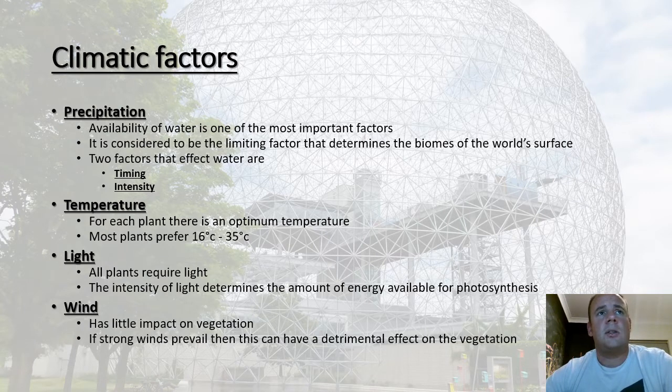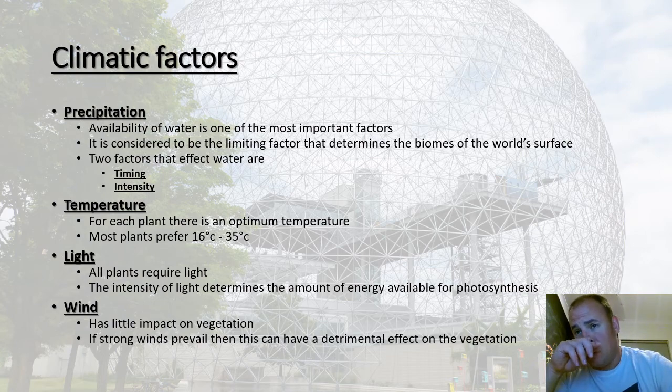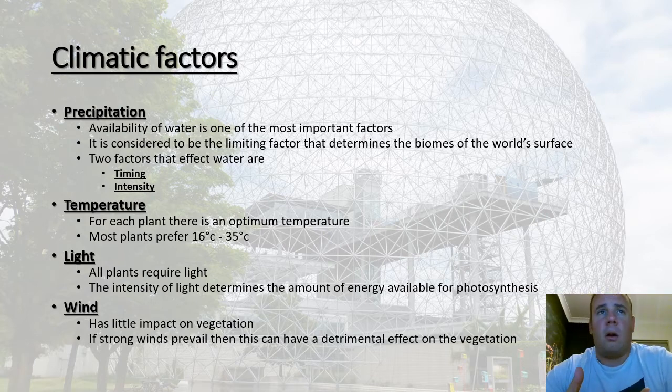Precipitation. The availability of water is one of the most important factors. Without water, plants don't grow. It's considered to be the limiting factor that determines the biomes of the world's surface. Two factors that affect water are timing and intensity.